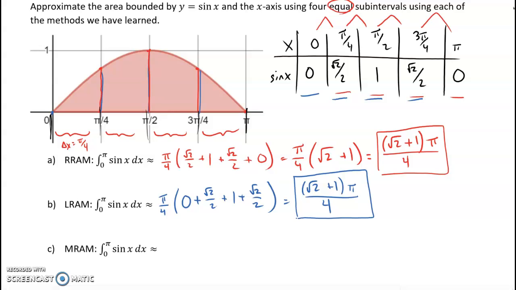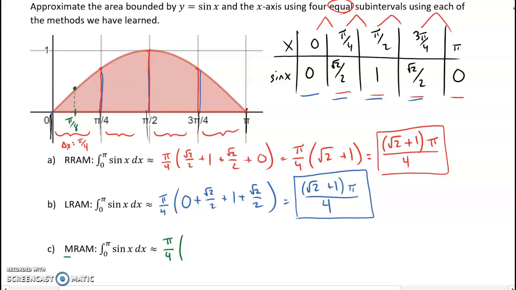All right, moving on to MRAM. We're still using rectangles whose base, the bottom part, is pi over 4. But this time, we aren't going to use 0 to find the height of our rectangle. We're not going to use pi over 4 to find the height of our rectangle. We're going to use smack dab in the middle, the midpoint, and that's going to be pi over 8. And that pi over 8 is not the height. The pi over 8 is the x value that we'll use to determine the height.